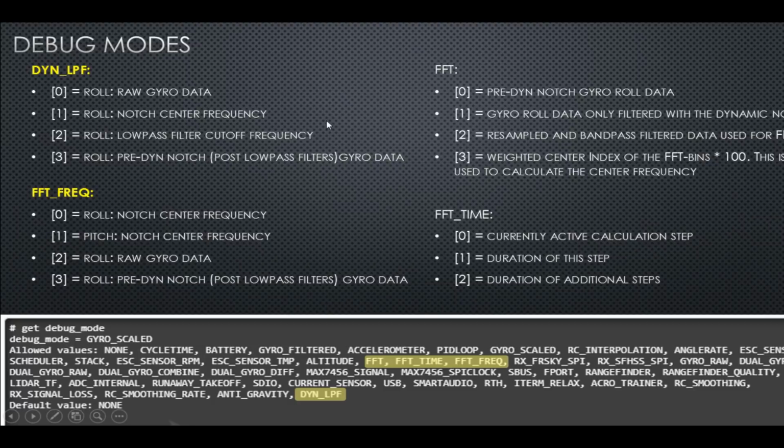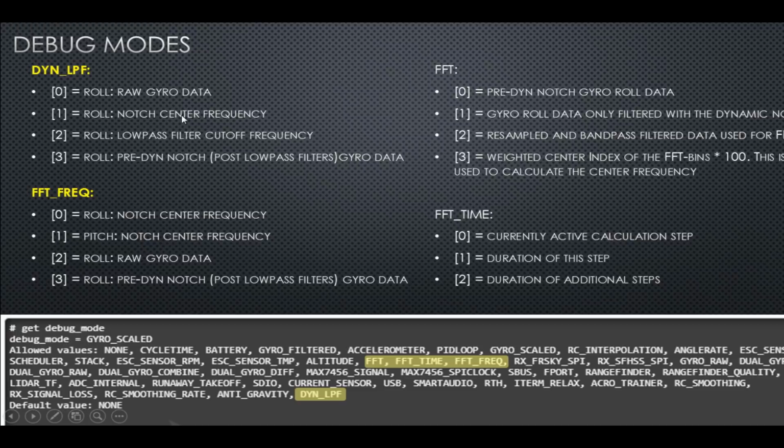To see what the dynamic notch is doing, if you want to get into that detail, so this is for my nerds now, you would set your debug mode to one of two things. It's either gyro scaled, the tried and true, which will show you the post-filtered noise, but if you want to dig into the next level and say, okay, where is the dynamic notch tracking?